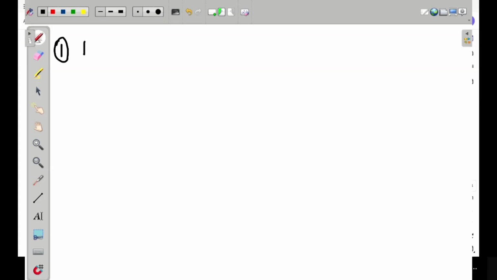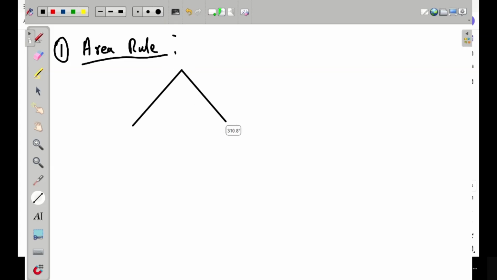So if we start, for example, with the area rule, I need you to be aware of the fact that the area rule only works in a situation where you've got a side angle side situation. Remember congruency, side angle side.